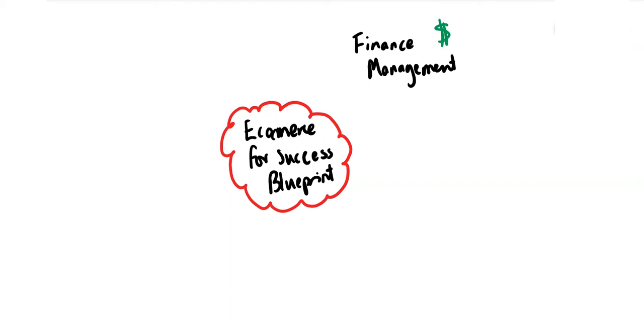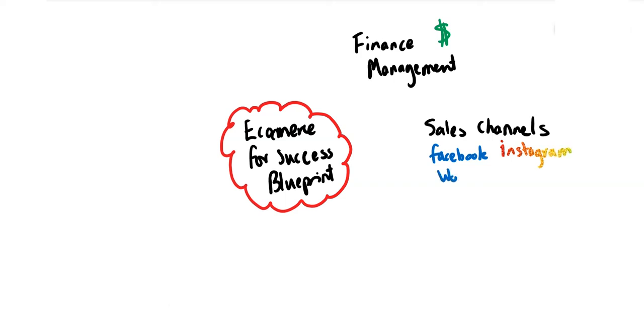The next one to look at then is what are your sales channels? So where are you selling your products? Now this could be a range of different elements. So you could be selling on Facebook. You could be selling on Instagram.